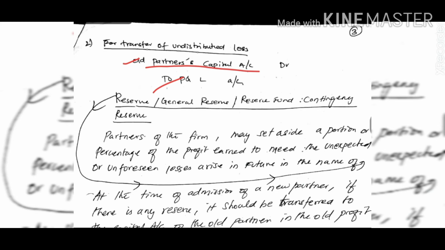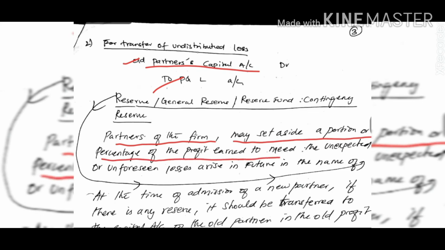Let us go to the reserves: general reserves, reserve fund, contingency reserves. Here, the partners of the firm may set aside a portion or percentage of profit earned to meet the unexpected and unforeseen losses arising in the future, in the name of a reserve.